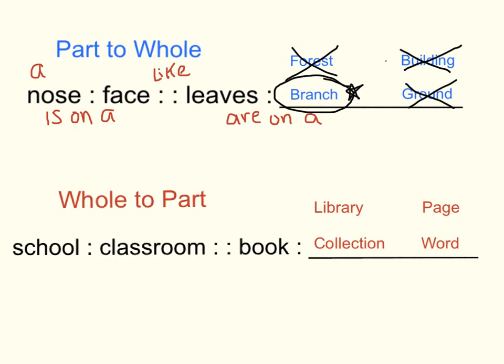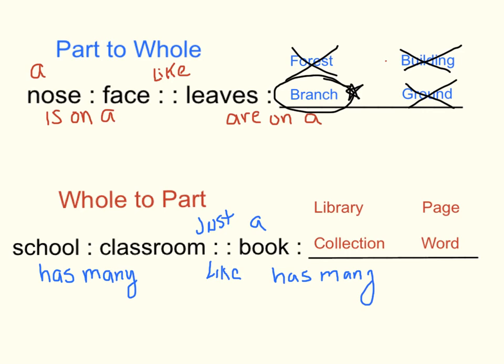And a good bridge sentence for this one would be: a school has many classrooms, just like a book has many. And now we got to figure out which one makes the most sense.